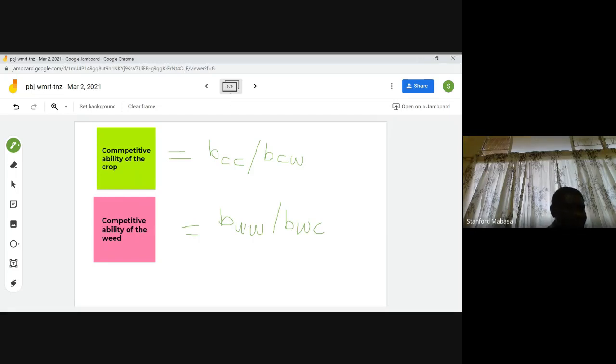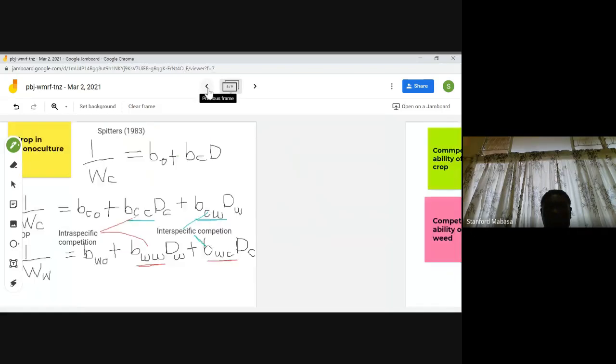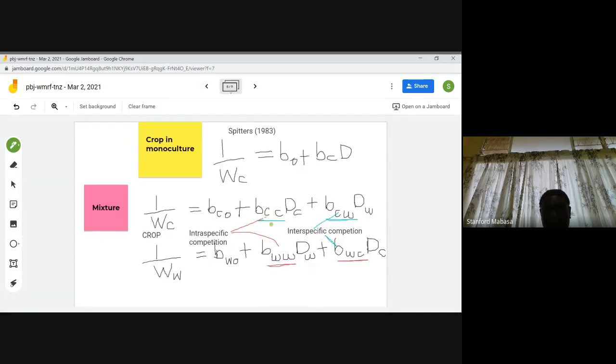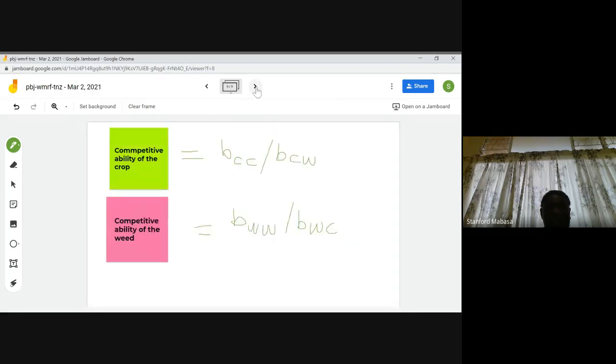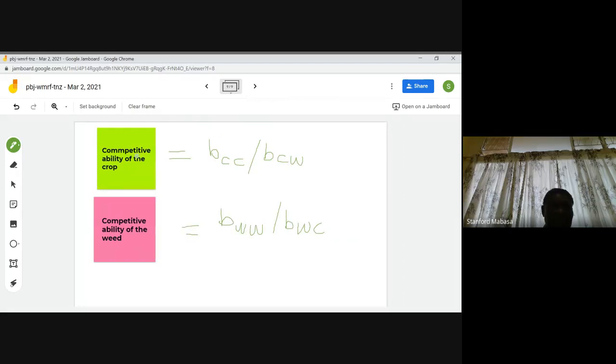Then there's another term which is known as niche differentiation. And before I move further, we are getting these slopes to compute further the other terms, the competitive ability of the crop and the competitive ability of the wheat.